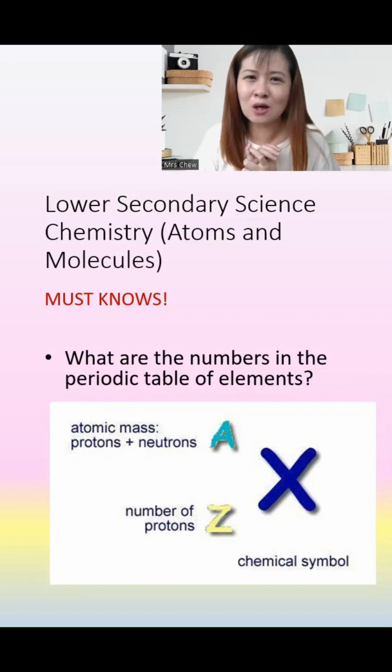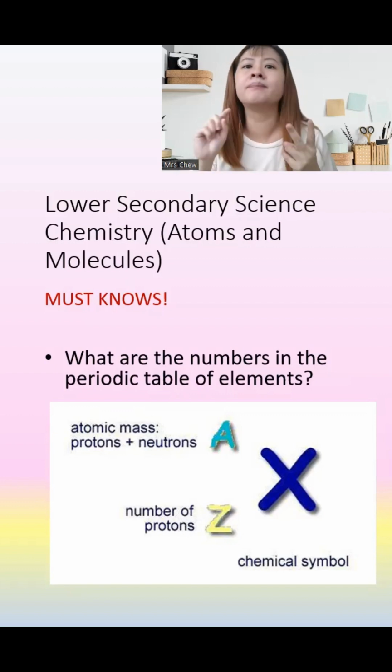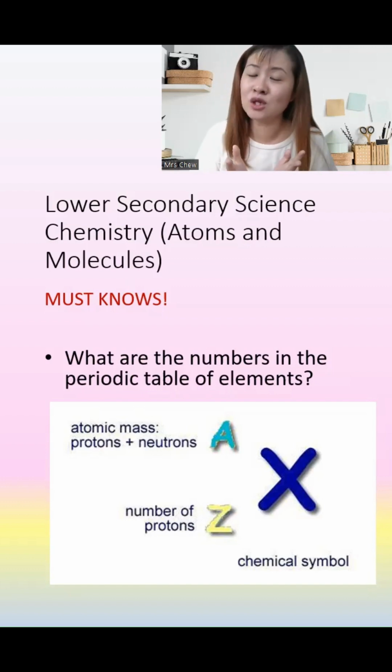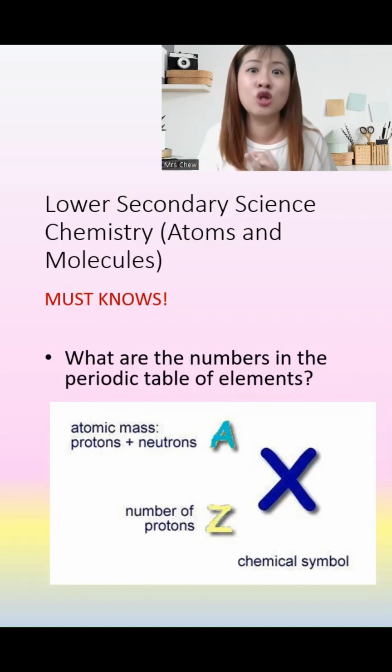All right, so two ways for you to remember. One way is the bigger number is always the atomic mass, which is the number of protons and neutrons. The smaller number is the atomic number, which is the number of protons.